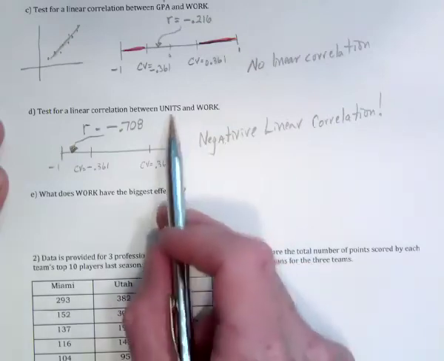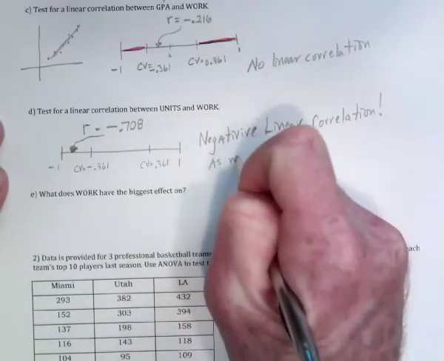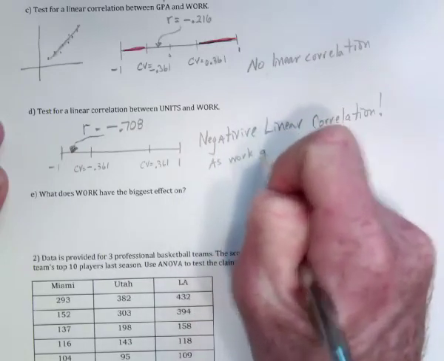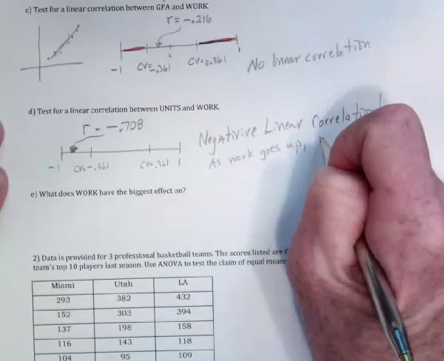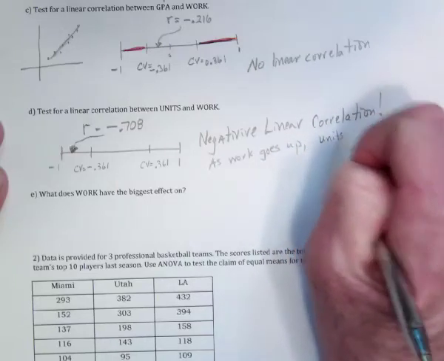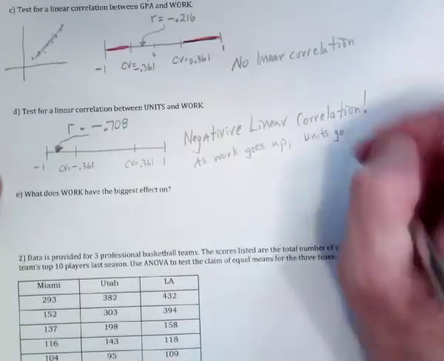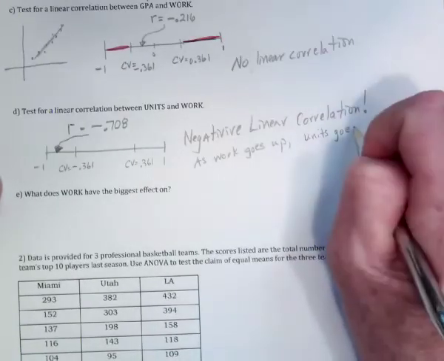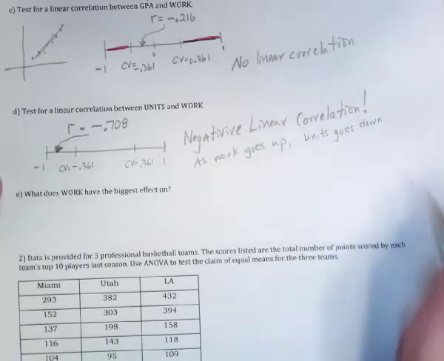And so that means because it's negative, these two do the opposite. So as work goes up, the number of units goes down, which makes a lot of sense. If somebody's working a lot, 40 hours a week, they can't take a lot of units in general.